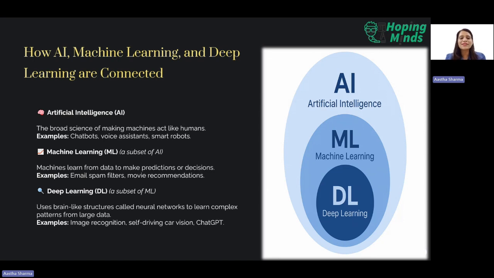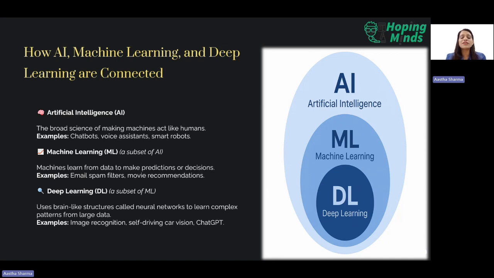The broad science of making machines act like humans is called artificial intelligence. Machine learning, which is a subset of AI, is how you train a machine to act like humans, to predict and make decisions.